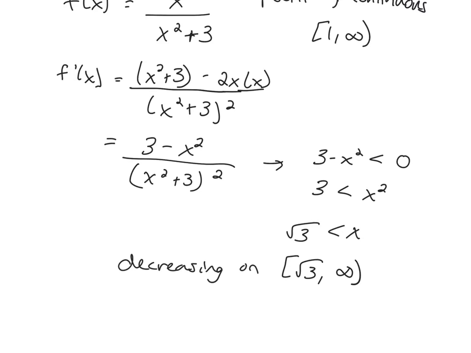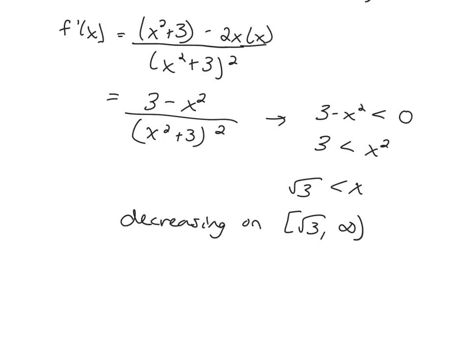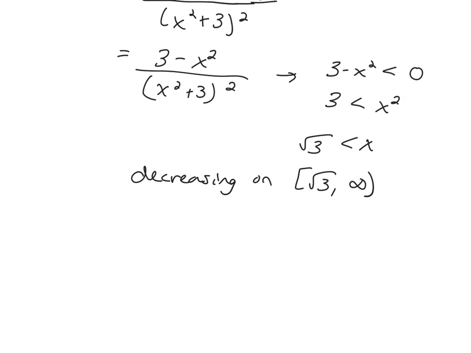All right, so we've established positive, continuous, decreasing. What do we do after that? Compute an improper integral. So I'm computing the integral from 1 to infinity, x over x squared plus 3. And you told me to turn that into a limit.